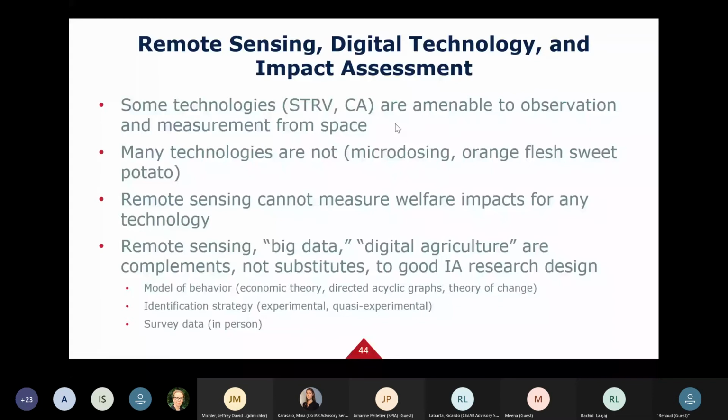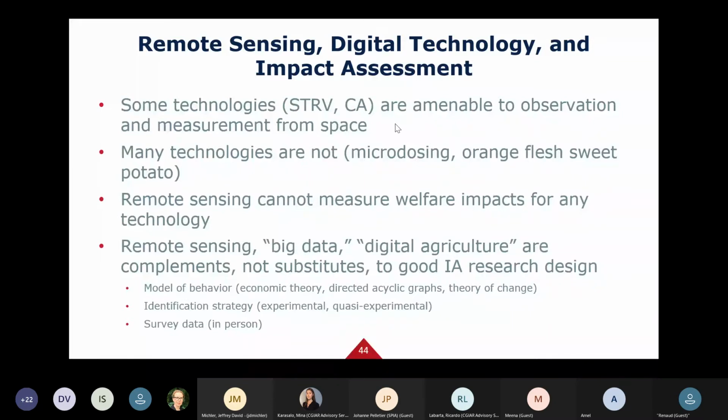You're not going to get rid of your IA people because you have digital agriculture, whatever that means, or you have big data. Big data is nice, but it doesn't get around the causal problem. As we continue to try and meet SPIA's requests for impact assessment, we always have to come back to these three key issues.